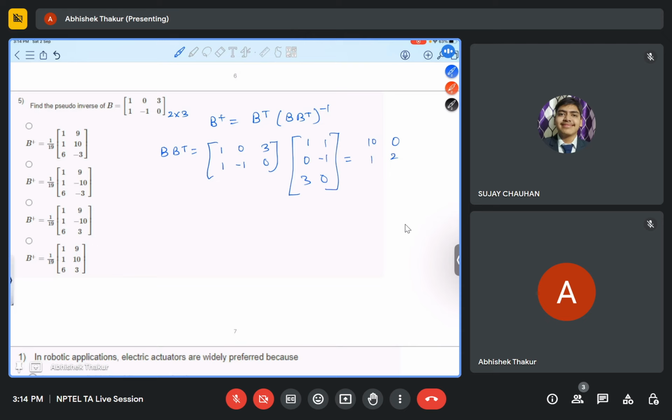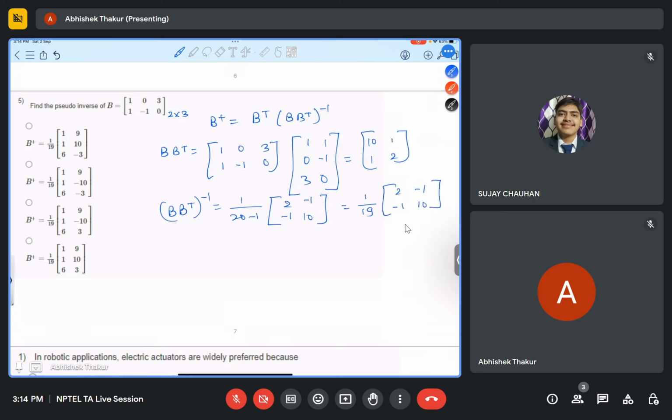In the second row, we'll get 1 because 1 into 1 will be 1. Now when you find B B transpose inverse, this is a 2 cross 2 matrix, so the determinant is 1 by 20 minus 1 and you change the position and give the minus sign. So it will become 1 by 19, 2 minus 1 minus 1 10.